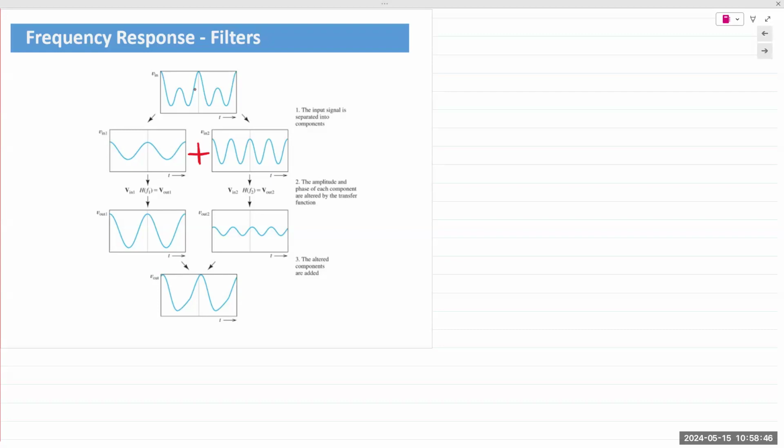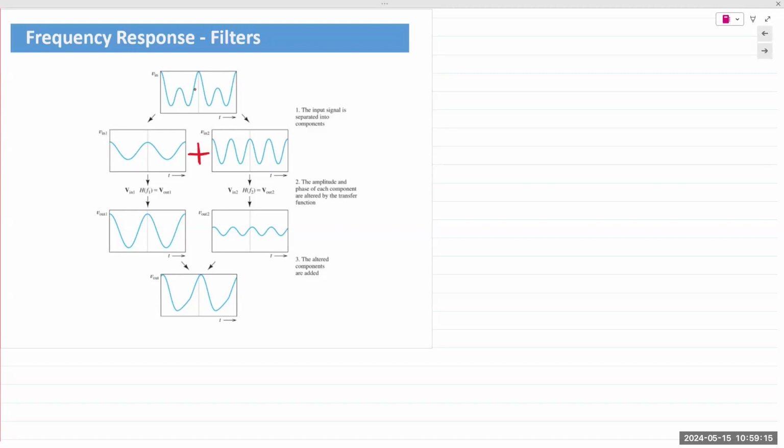The frequency is not affected. It's not changed. Keep that in mind. Inductors and capacitors and resistors do not affect the frequency. However, depending on the impedance of the inductor and the capacitor, they will block certain frequencies from passing through, and they will allow certain frequencies to go through.